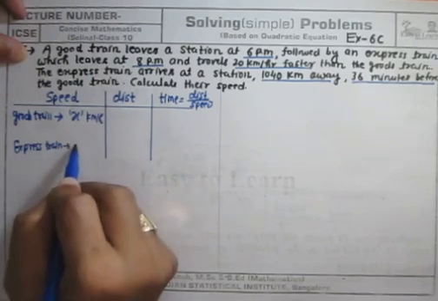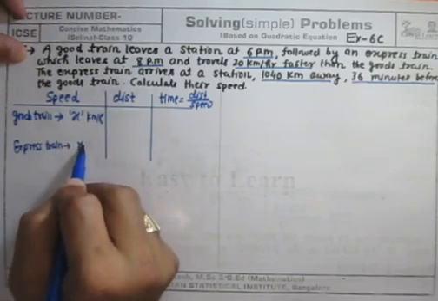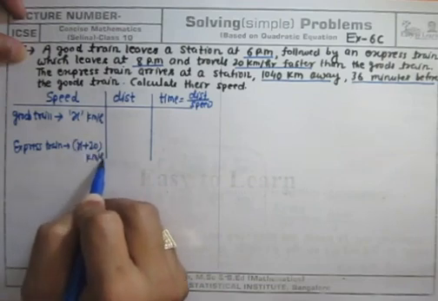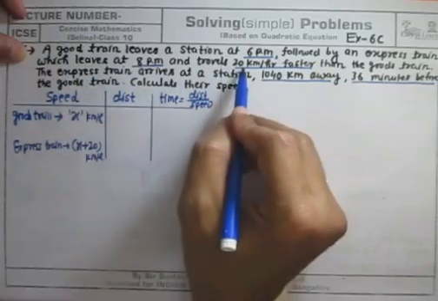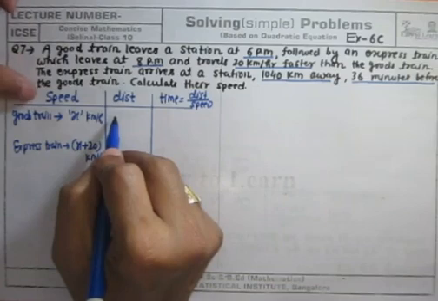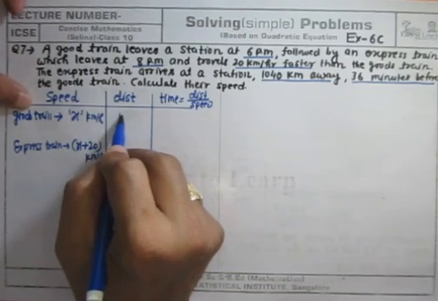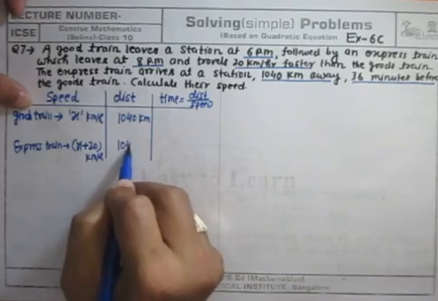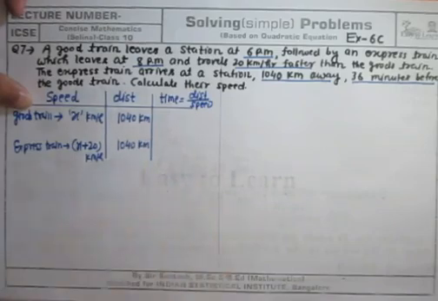So the speed of the express train will be x plus 20 km per hour, since it is given that the speed of the express train is 20 km per hour faster. Now the distance covered by this goods train is 1040 km, and this is also 1040 km.